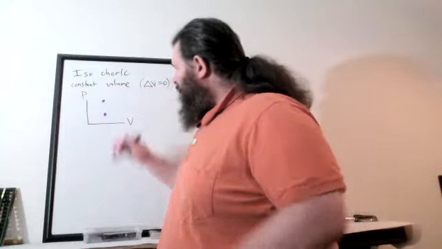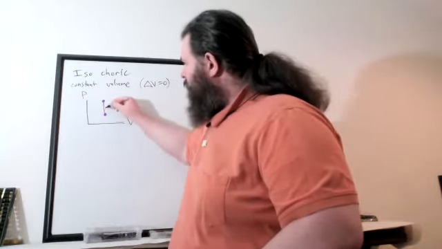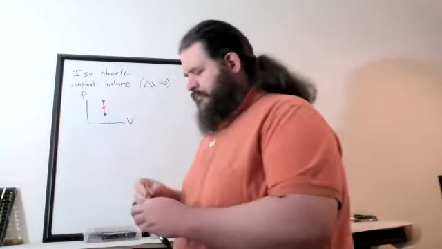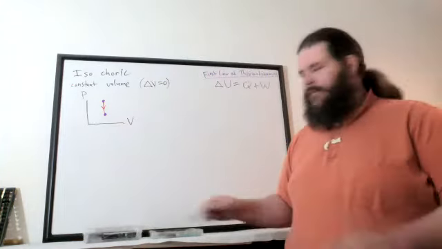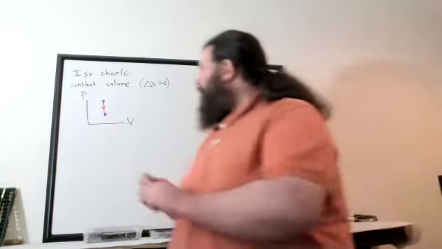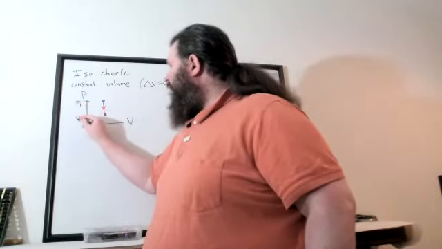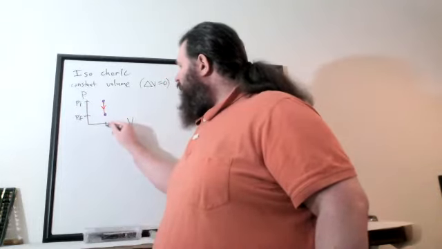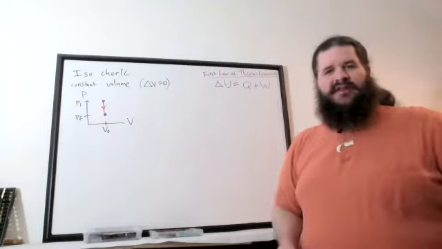It actually could be going in either direction. Let's say we're going from a high pressure to a low pressure. So this would be an example of an isochoric process. It's got an initial pressure, Pi, a final pressure, Pf, but it's only got one volume, let's say V sub 0. And it just stays at that volume the whole time.